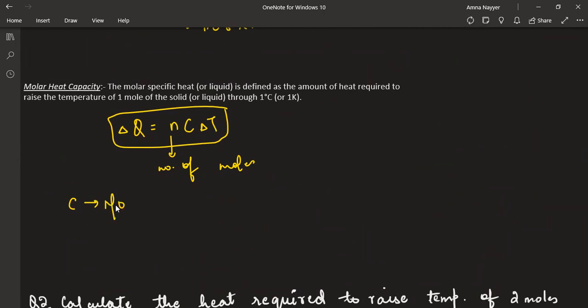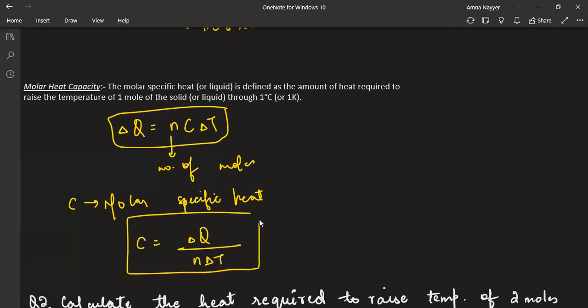Specific heat capacity was for mass 1, MC delta T. This is molar specific heat. Fine. So C is equal to delta Q divided by N delta T. This will be the value.